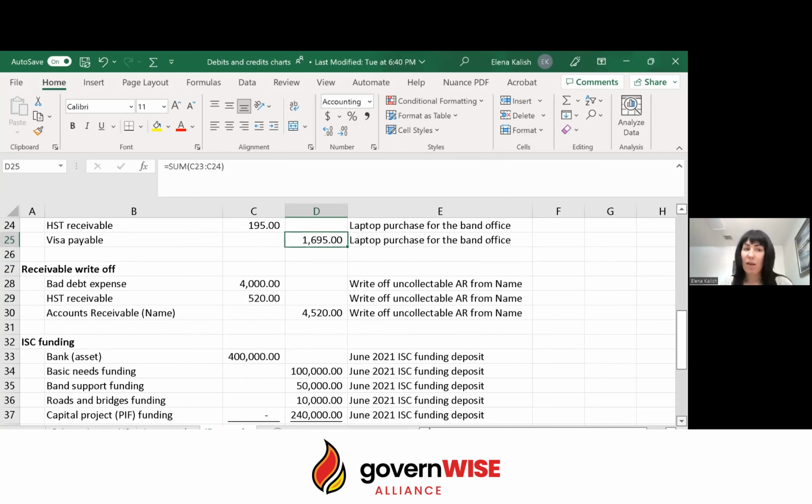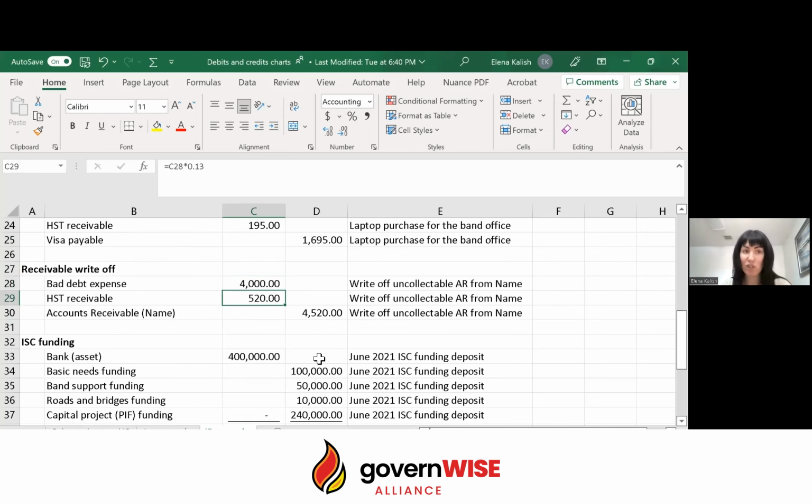Okay. Receivables write-off. So say we have to record bad debt expense for an uncollectible receivable. So bad debt is an expense. Expenses are naturally in debit, increasing an expense, debit bad debt. Now there is HST that was a part of it. I remitted that HST to the government before when I recorded the sale. Now I get to claim it back, so it becomes an asset.